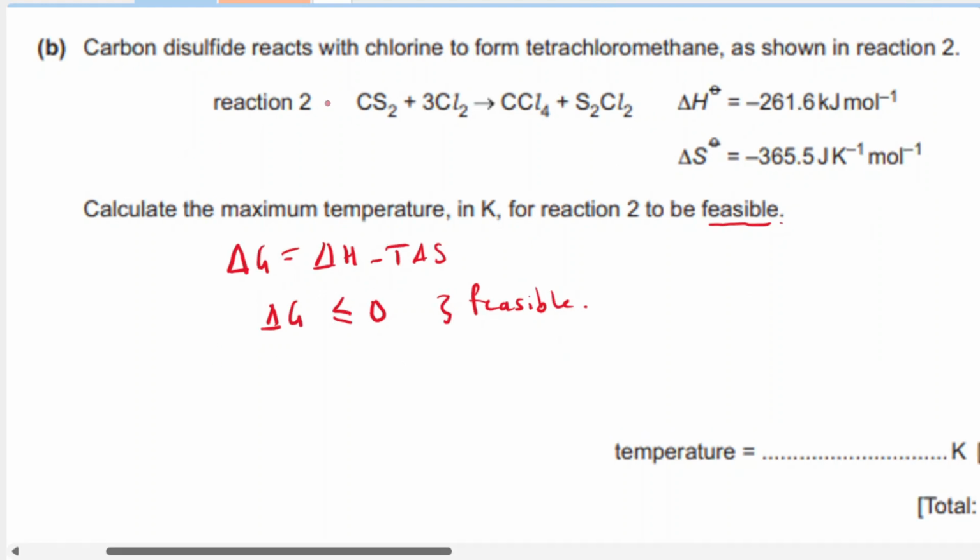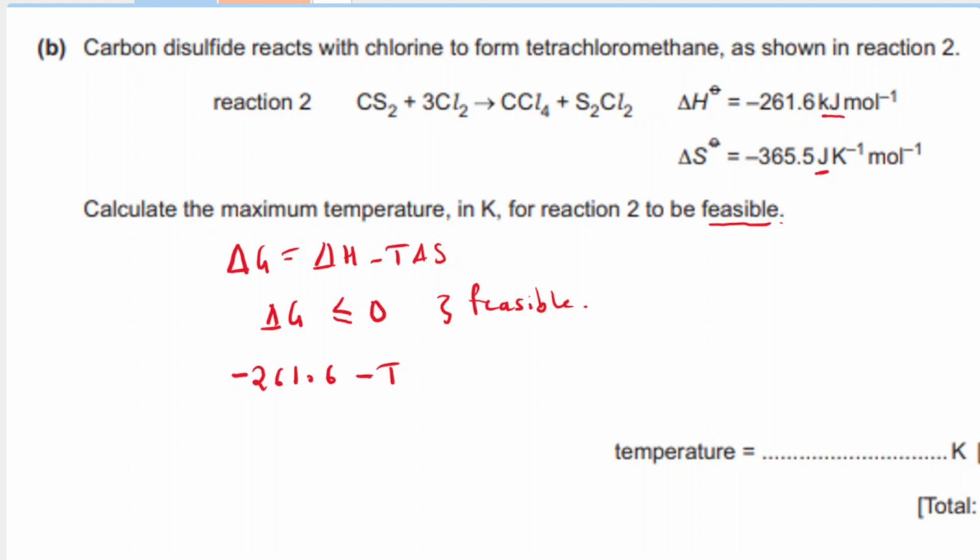So we have negative 261.6 minus T, which is what we are finding, and we have delta S. But before we continue, look at this. Here they've kept kilojoules, and here they've just kept normal joules. So you have to change one of them to be the same units.